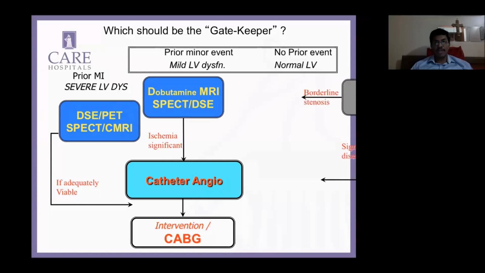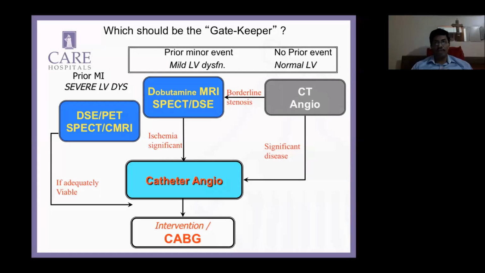In case the patient has no prior event with a normal LV function, and you're here to rule out CAD, especially in an intermediate group symptomatic patient, or in an asymptomatic patient who has a borderline stress test, either a treadmill or a dobutamine, and you want to clarify, then that is where CT by guidelines is to be used, in those two situations.